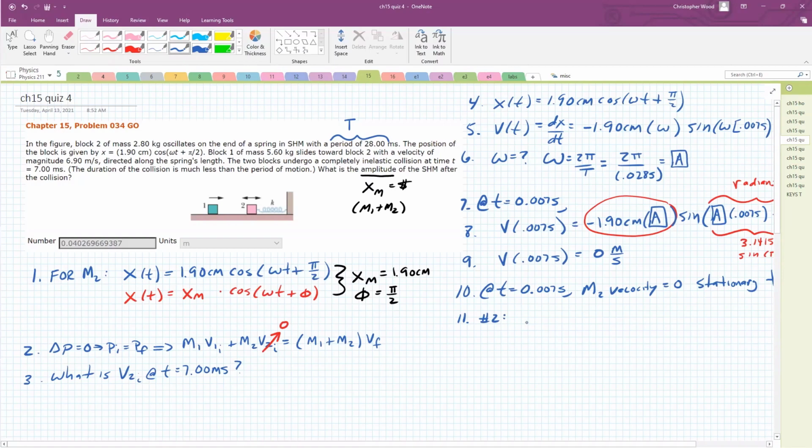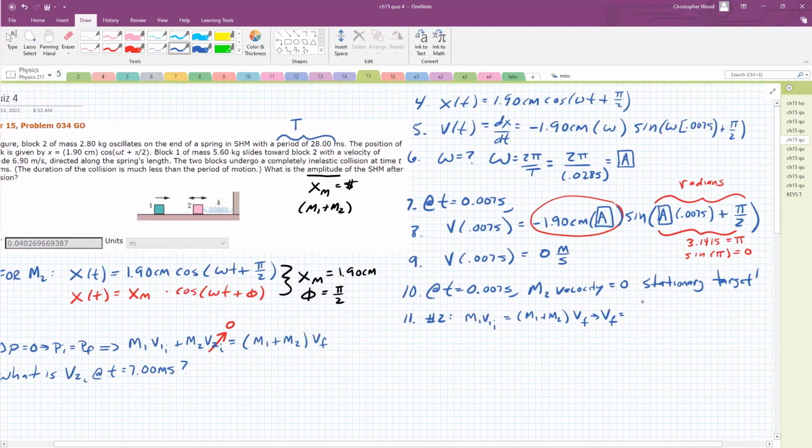My new number 2 says mass 1 times the velocity of 1 before the collision equals, since they stick together, mass 1 plus mass 2 times the final velocity. So the final velocity after the collision is equal to mass 1 times V1 initial all over mass 1 plus mass 2.